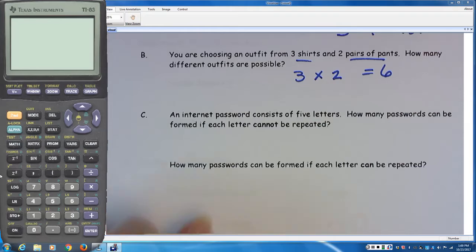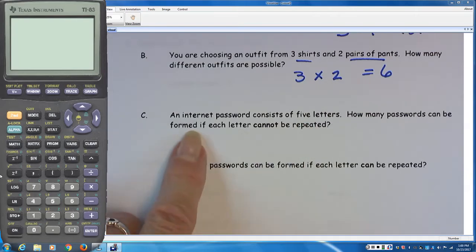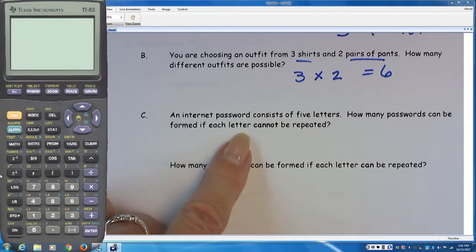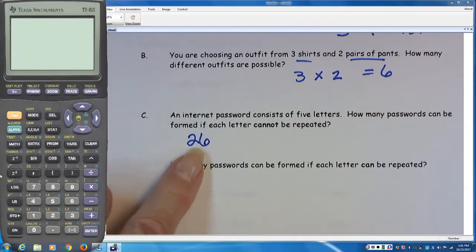So using that same rule, an internet password consists of 5 letters. How many passwords can you make if each letter cannot be repeated? How many letters in the alphabet? 26. So you have 26 choices for your first letter, but you can't repeat that first letter. So how many choices do you have now?